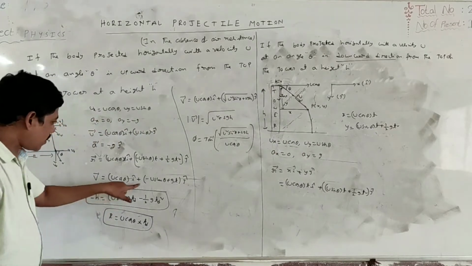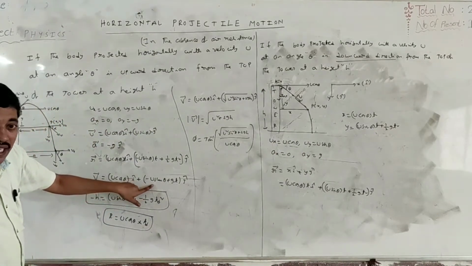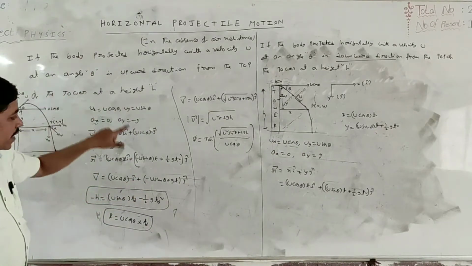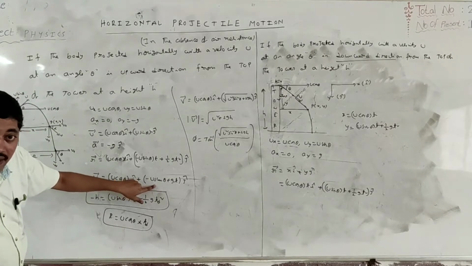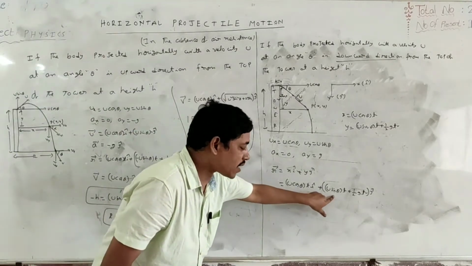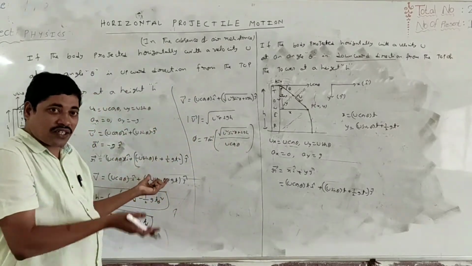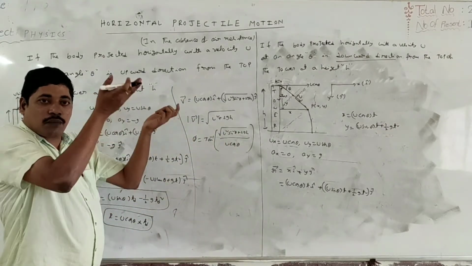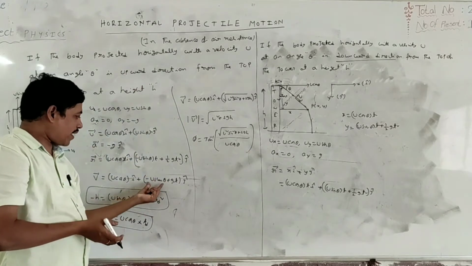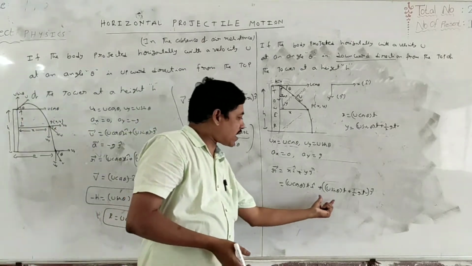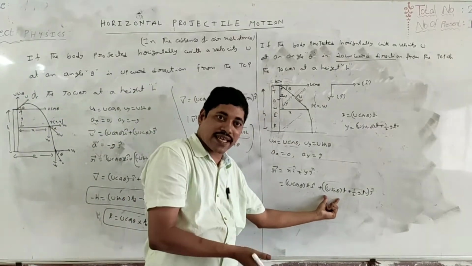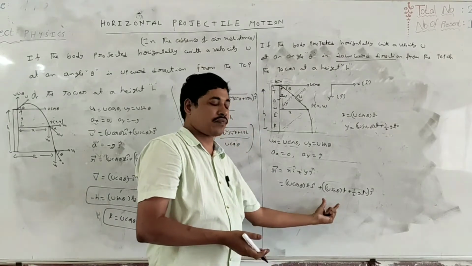In the upward direction, gravity is downwards and the upward velocity is on the negative side, so minus u sin theta. But when gravity and velocity are in the same direction, it is plus u sin theta.